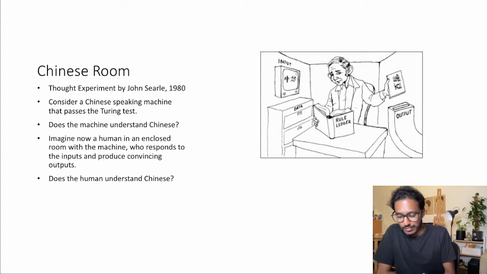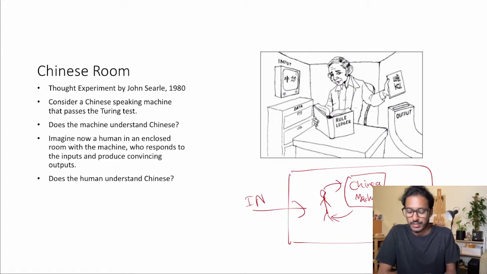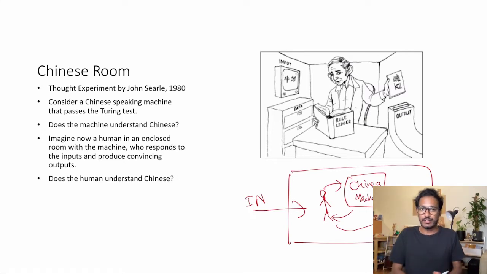So we have a room like this, you get the input, and we have the human, then we have the Chinese machine. The human gives the input to the Chinese machine, then the Chinese machine gives back the output, and the human gives the output back to the outside of the room.